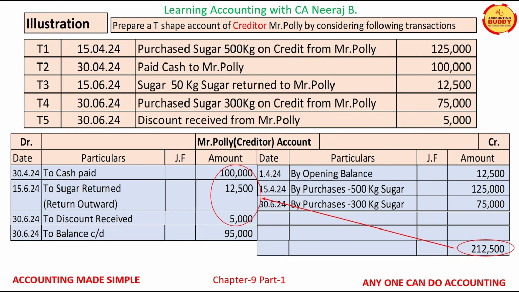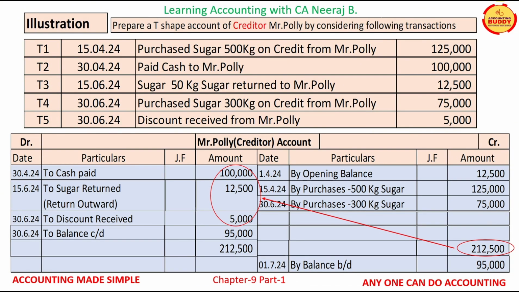The debit side total will also be 212,500 and thus the account will be balanced. The balance carried down as on 30th June 24 will become the balance brought down as on 1st of July 24.